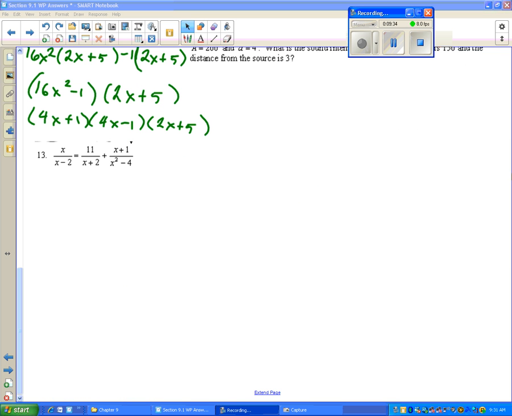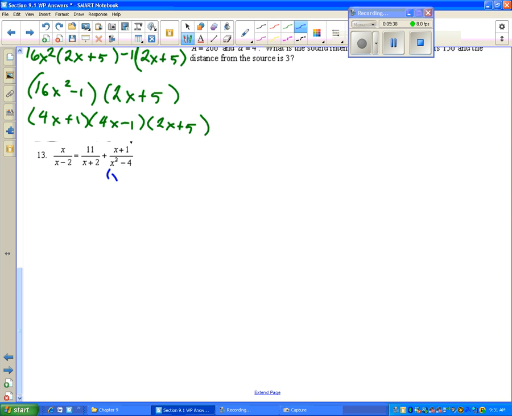For number 13, I need to factor out this x squared minus 4. This is going to be x plus 2 and x minus 2. I already know that this needs an x, this has an x minus 2, this has an x plus 2.